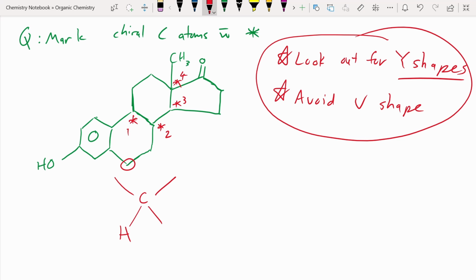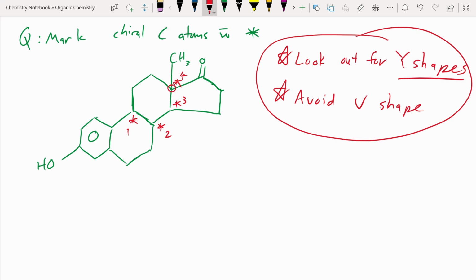For every V, there will be these two hydrogen atoms right here, so it does not have four different groups bonded to that carbon, and that's why you have to avoid all the V shapes. Then for Y shapes, right?